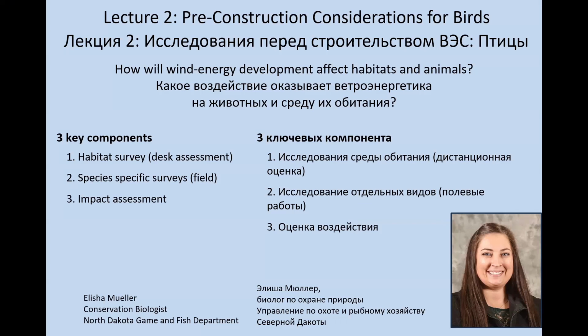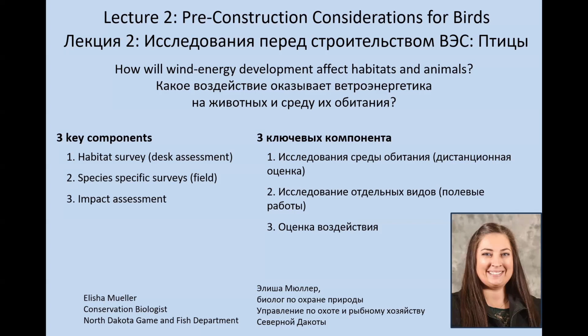So we started out with a lecture on pre-construction considerations for birds. So this is what you do before a wind facility is built. And there's basically three key components. The first is to do a habitat survey.